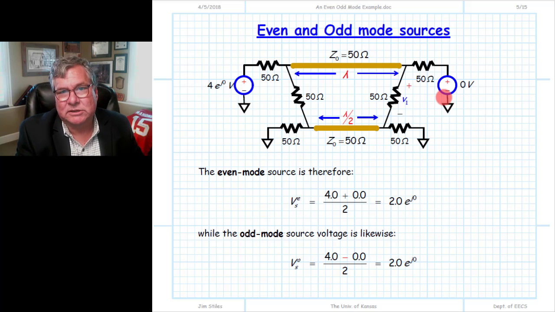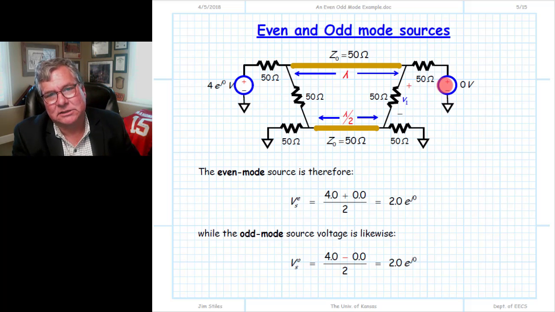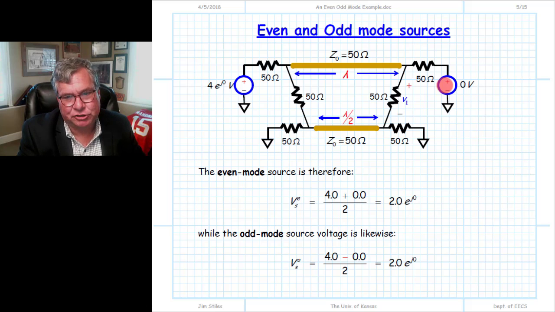This may be the most important step of the entire analysis: identifying where the reflection of our source ends up. If this is our plane of bilateral symmetry and we reflect across that plane, that source would end up right there. So we need to put a 0-valued source at that location so we can complete our odd-even mode analysis with superposition.